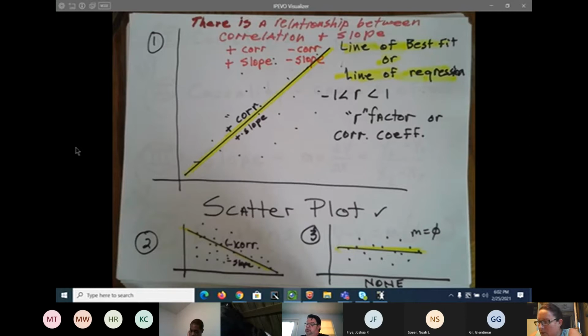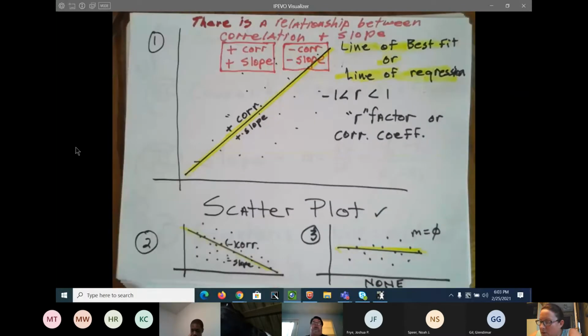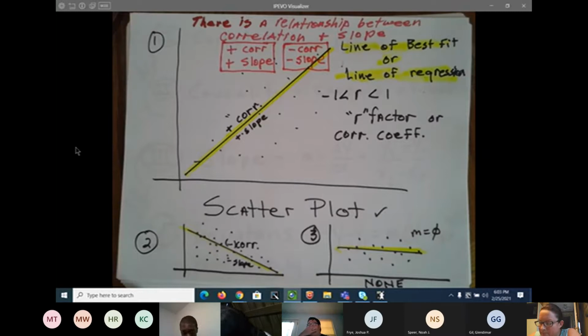That is the only relationship between the two. And I put that in red because there is a test question that will ask you that. There is a test question on the test and the homework that asks you that same question. What is the relationship between correlation and slope?